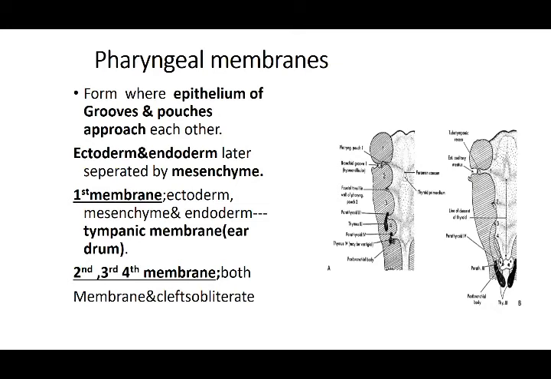So it's just the clefts and the membranes. First cleft gives rise to the external auditory meatus and external part of the eardrum, that is formed by the first pharyngeal membrane. So that is all. Second, third and fourth do not give rise to anything. It's just closed, and then the pharynx becomes smooth from the outside.